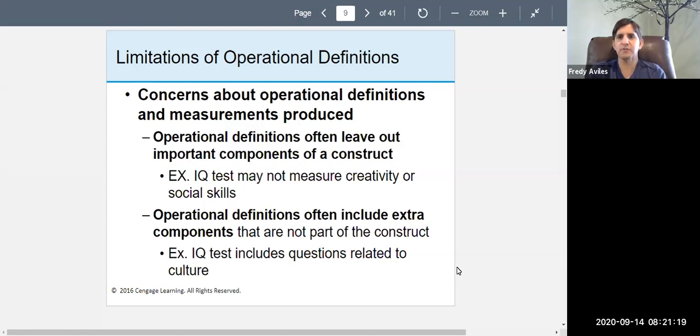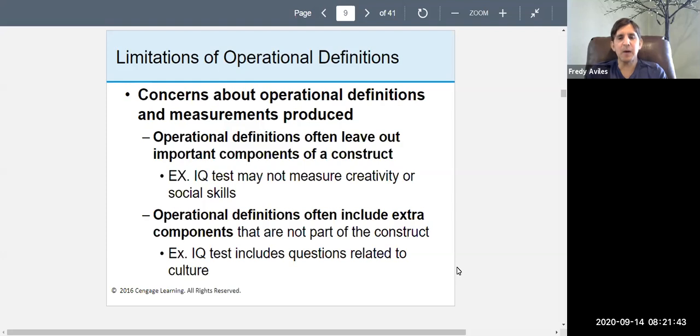Okay, so operational definitions leave out important components of the actual construct, important components of the thing we're trying to measure. And we have the opposite problem. Operational definitions often include extra components, extra things that are not part of the construct. If you look at IQ tests carefully, you'll see that they include questions related to culture.